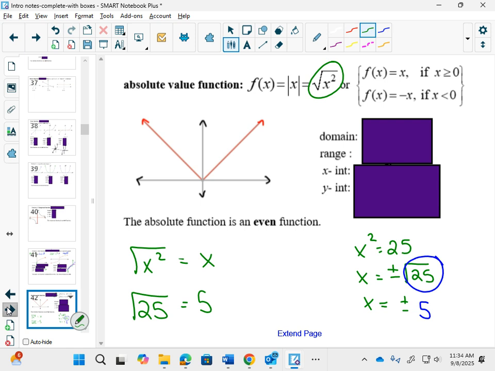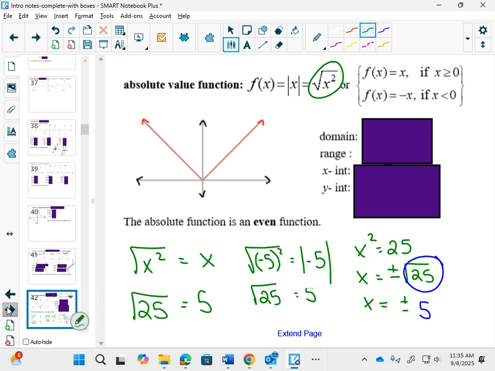So then, what happens if I started with this? Order of operations would say, first you square the negative 5, and then you would get 25. And then the square root of 25 is 5, which is the absolute value of negative 5.